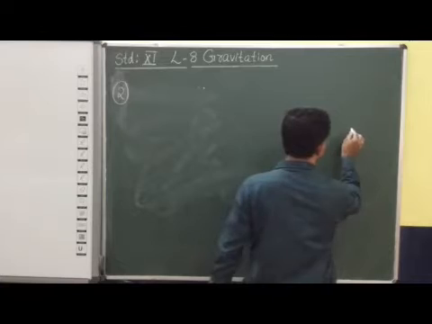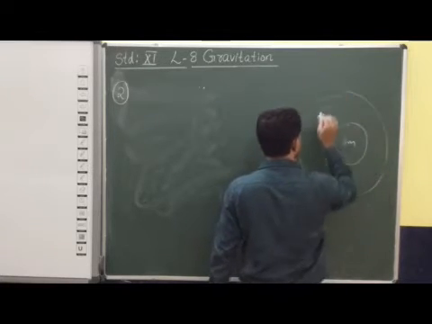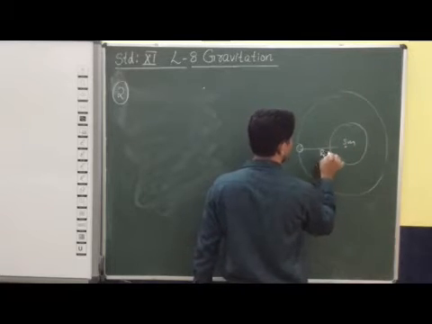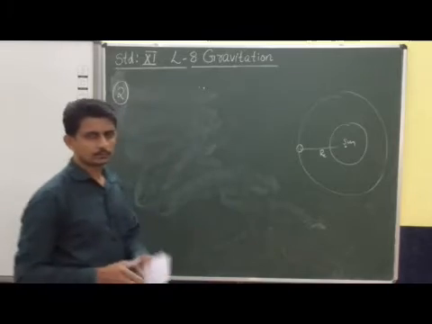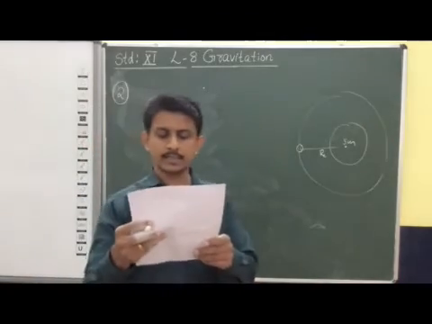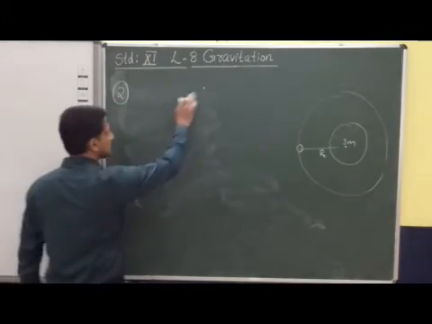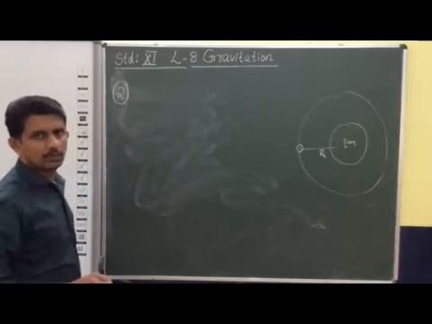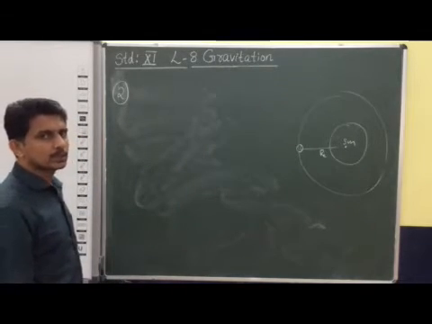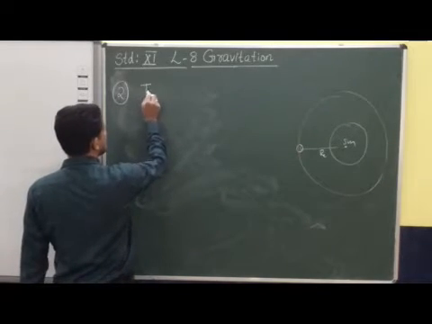So we can consider this equation. The sun is there, and around it the earth and the planets are revolving. In this question we have to consider Kepler's third law, that the square of the time period of revolution is proportional to the cube of the semi-major axis.